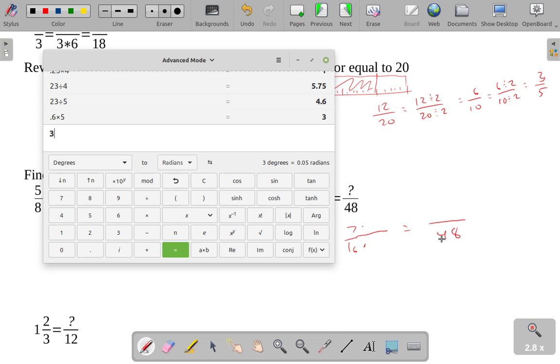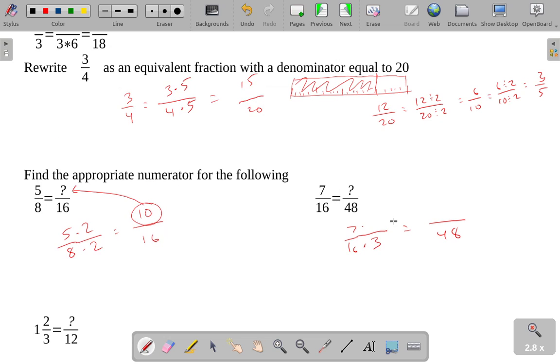So it's really asking, what is 48 divided by 16? It is 3. And you could verify that this works: 16 times 3 does give us 48. So that means I want to multiply the bottom by 3, which means I also need to multiply the top by 3. And that gives me 7 times 3 is 21. So I would have a 21 right there.